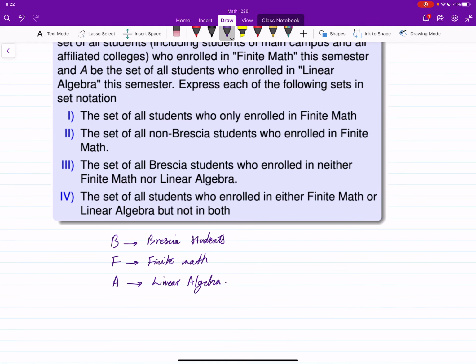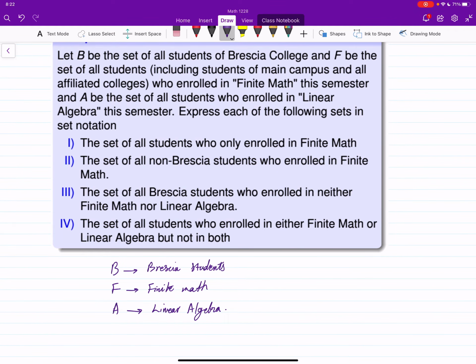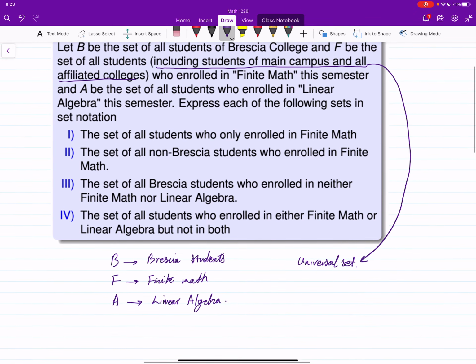As you're reading through the question, you see this thing given there, the set of all students of main campus and all affiliated colleges. So that means that that is our universal set. So we are not going outside of this set. Everyone who is a student of main campus or any affiliated colleges includes everything that we want to have here.